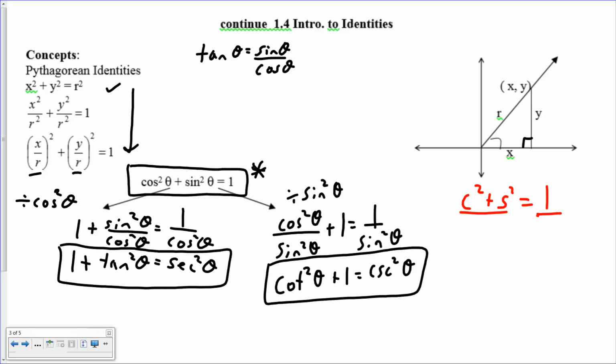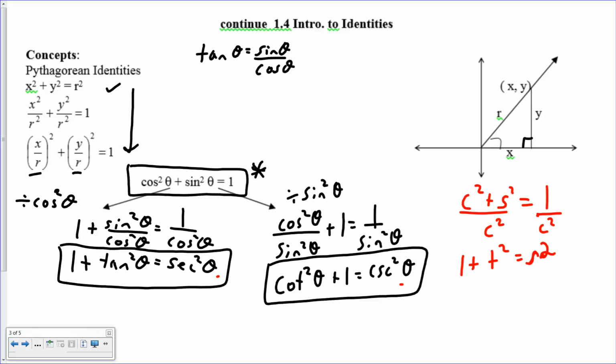So you want to divide both sides by cosine squared. 1 plus tangent squared equals secant squared. Shorthand for what I did over here. I would prefer to do this every time I needed to get these two than to remember those two. So this, to me, is much easier. For you, maybe memorizing it exactly could be easier.